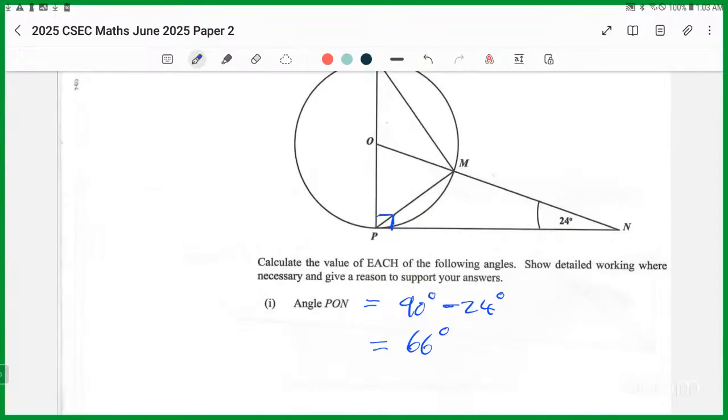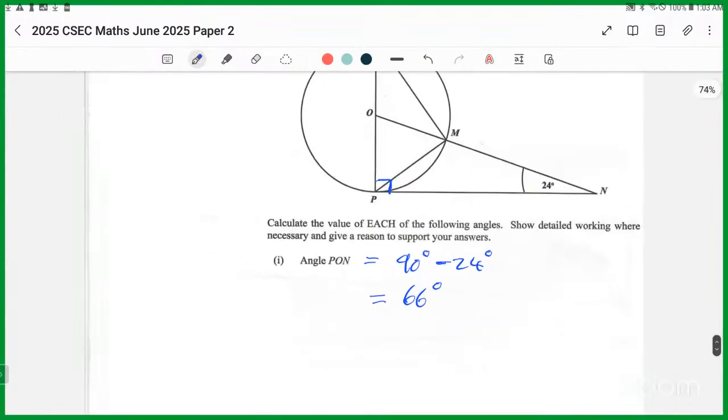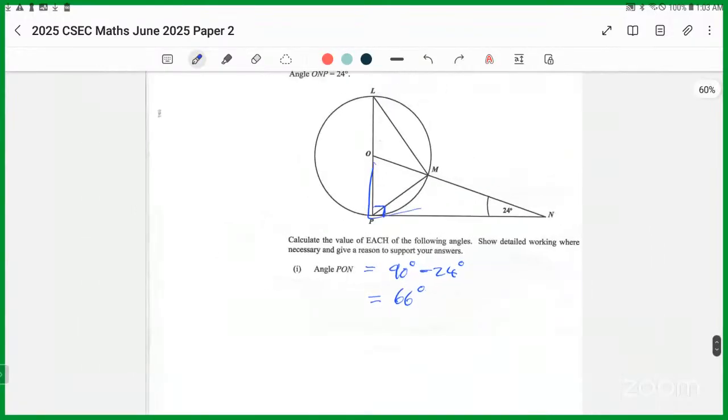All right, and let's give a reason. First I'm going to tell them that this angle here is 90. I'm going to say that's because angle OPN equals 90 degrees, which is the angle between tangent and the radius.